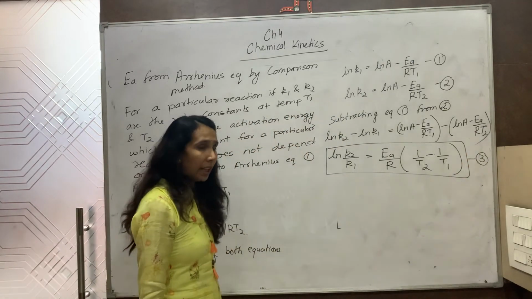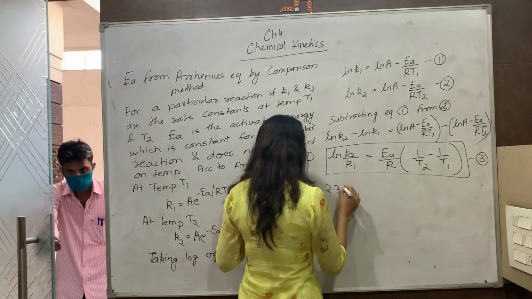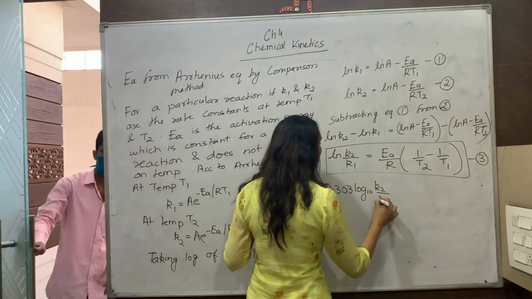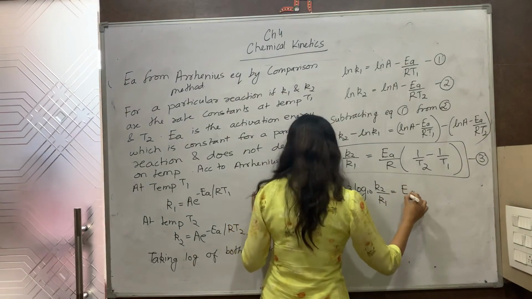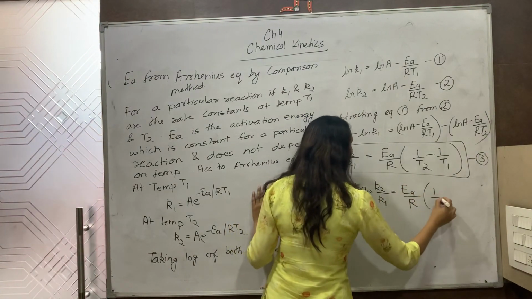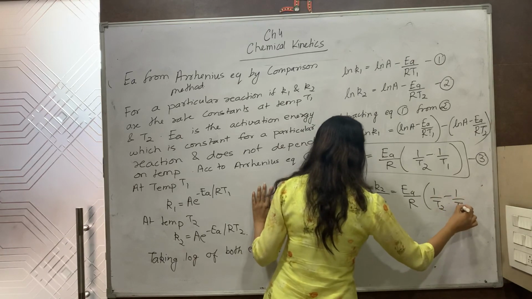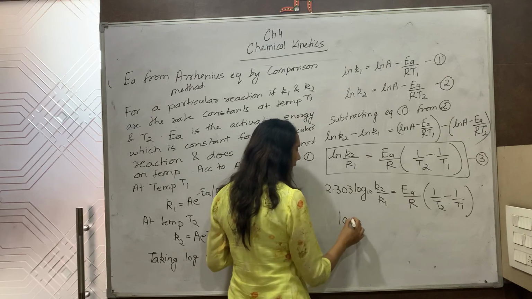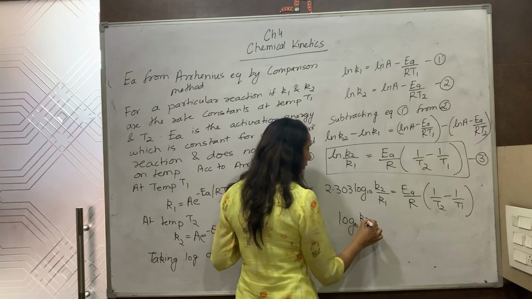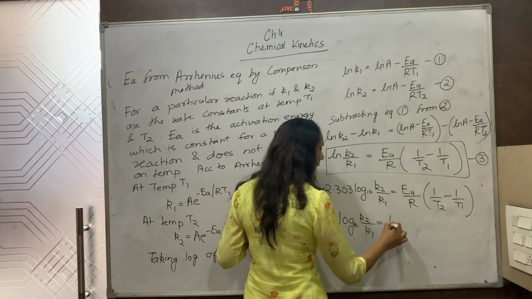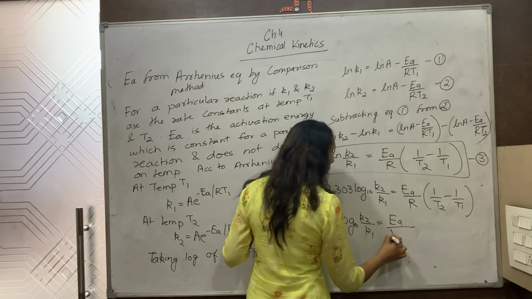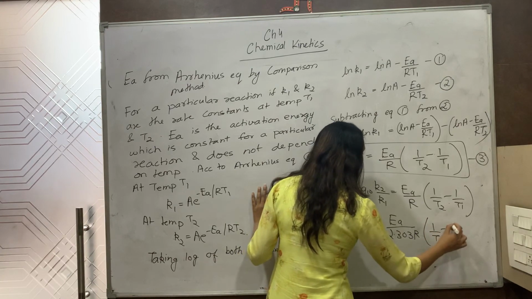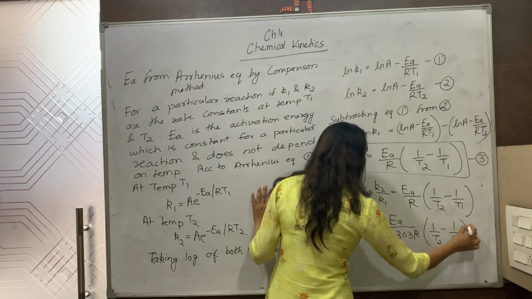We know the value of ln: ln is 2.303 log to the base 10. So 2.303 log k2 upon k1 is equal to Ea upon R, 1 upon T1 minus 1 upon T2. I can take 2.303 that side, so it becomes log k2 upon k1 is equal to Ea upon 2.303 R, 1 upon T1 minus 1 upon T2.